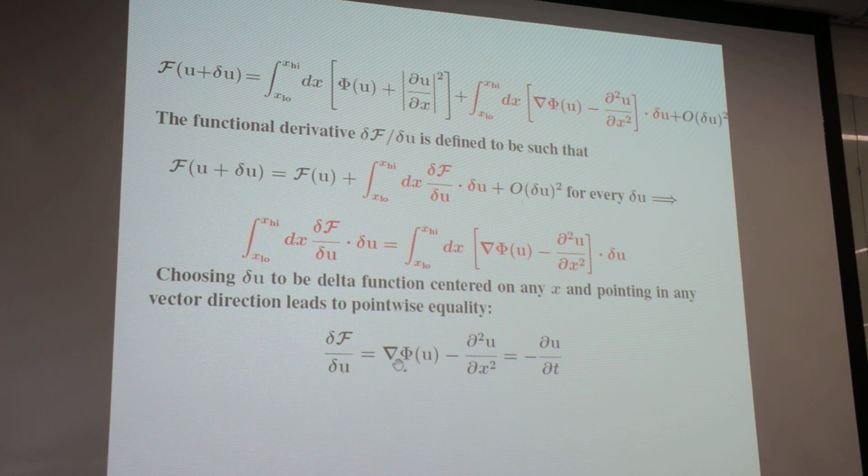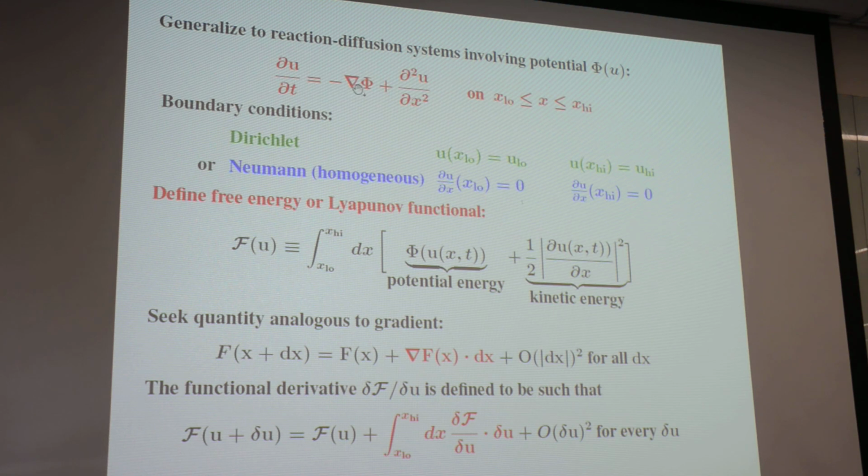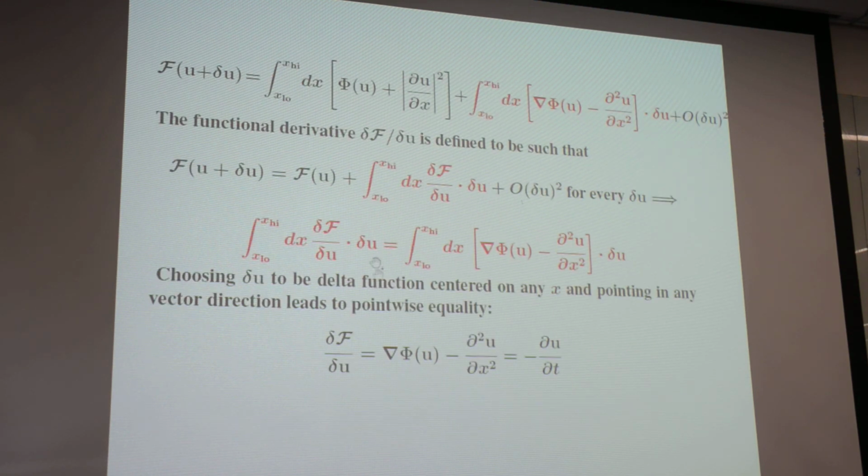And hence we define df du to be what we were seeking, a generalization of the gradient, and we have one. We had the gradient before, and now it also has a minus d squared u dx squared term. That is to say, taking our original thing here, we have defined a generalization of a gradient system.